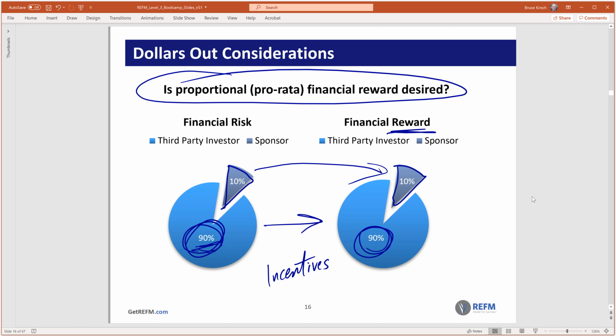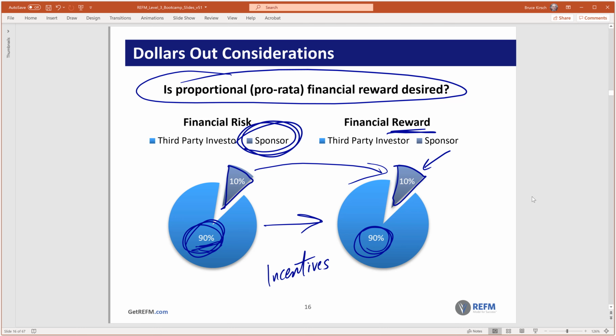The issue is that no matter how hard the sponsor works, no matter how well they guide the transaction to achieving its highest potential, they're only going to walk away with their pro rata share. Now, it's not unfair. They're not losing percentage points, but they're also not gaining percentage points.